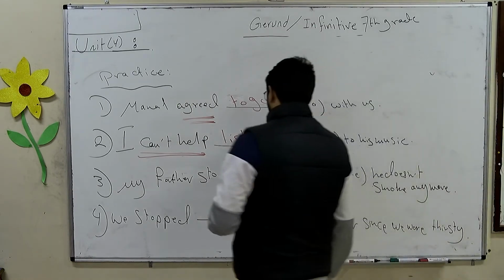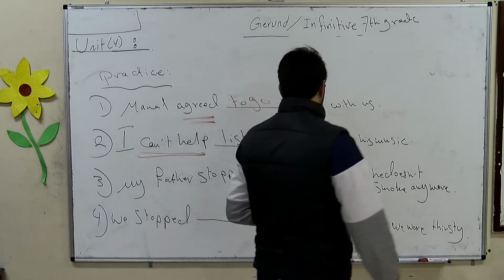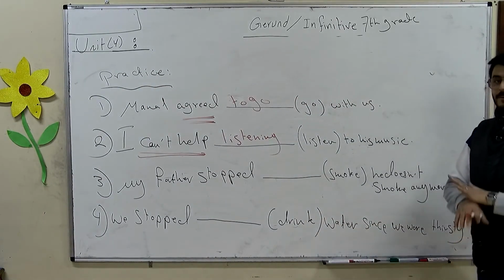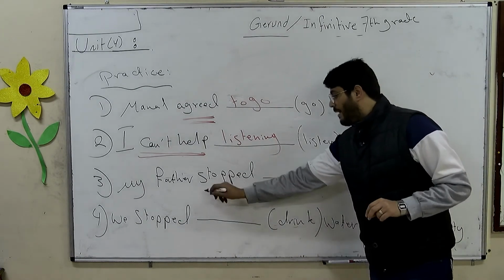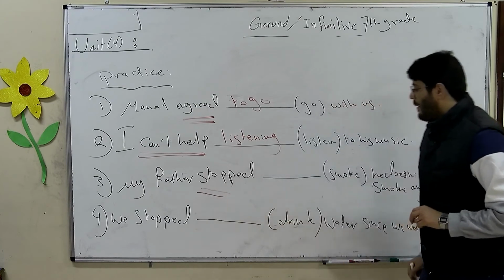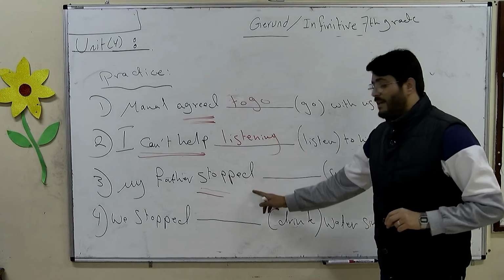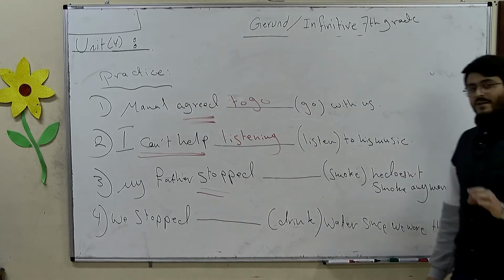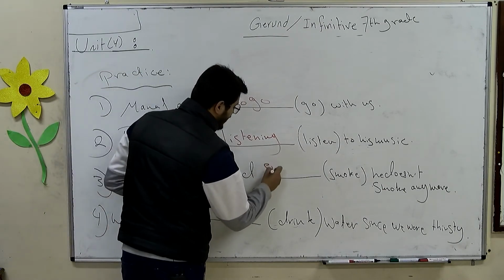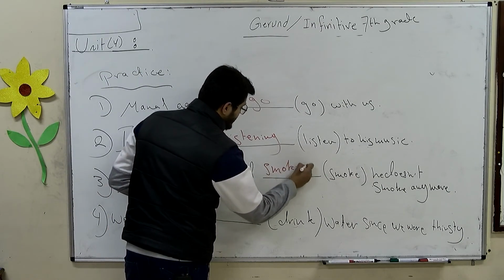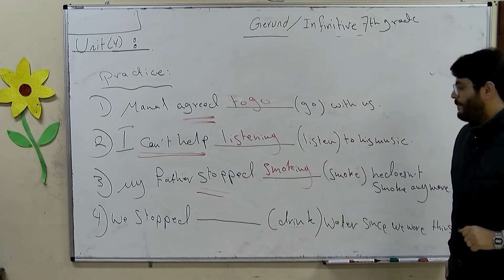We know that when the verb stop is followed by gerund, it means to stop or to quit doing something. So the answer is my father stopped smoking, which means he quit or stopped doing something, which is the smoking.